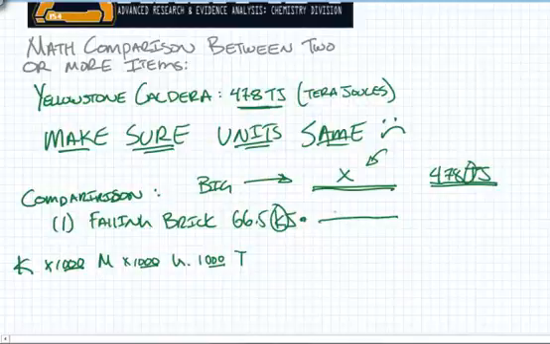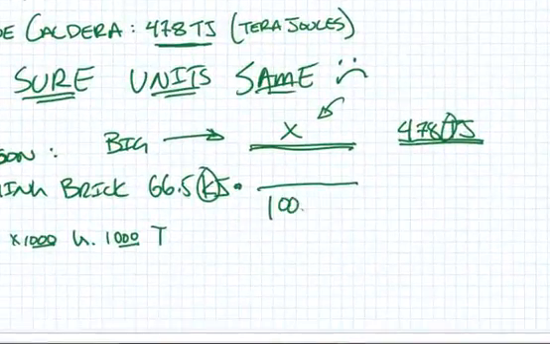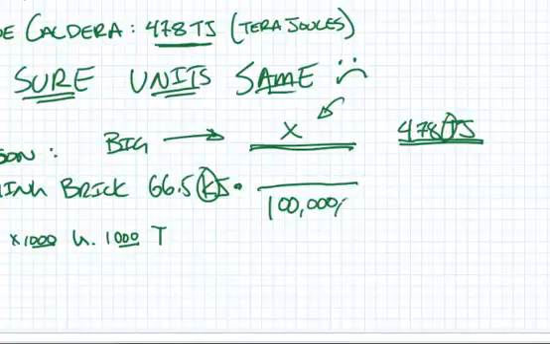So in this case, there are 1 billion kilojoules in 1 terajoule.